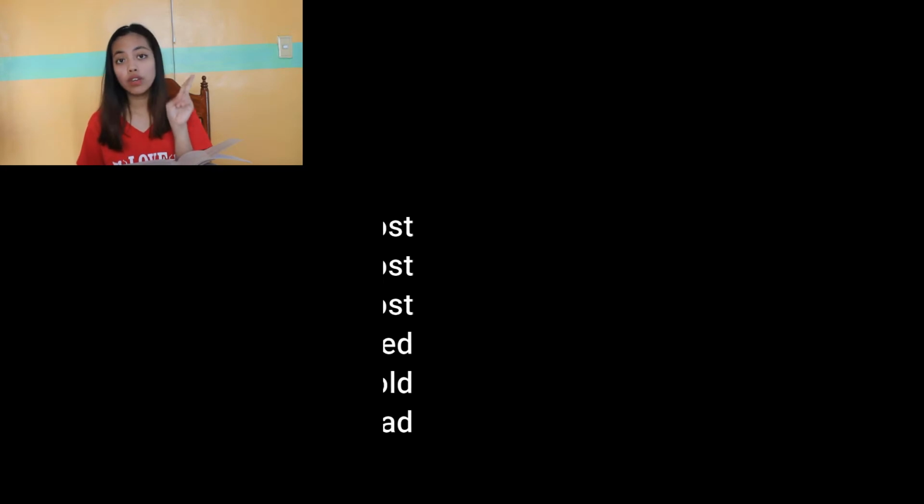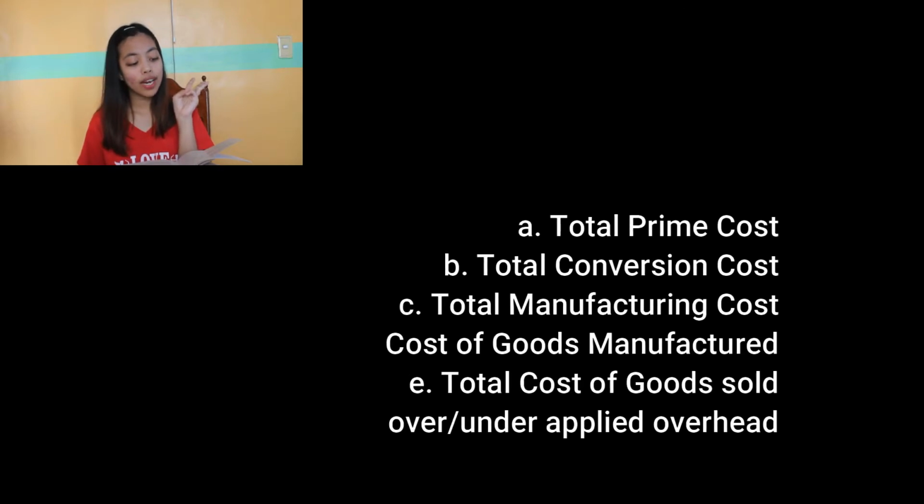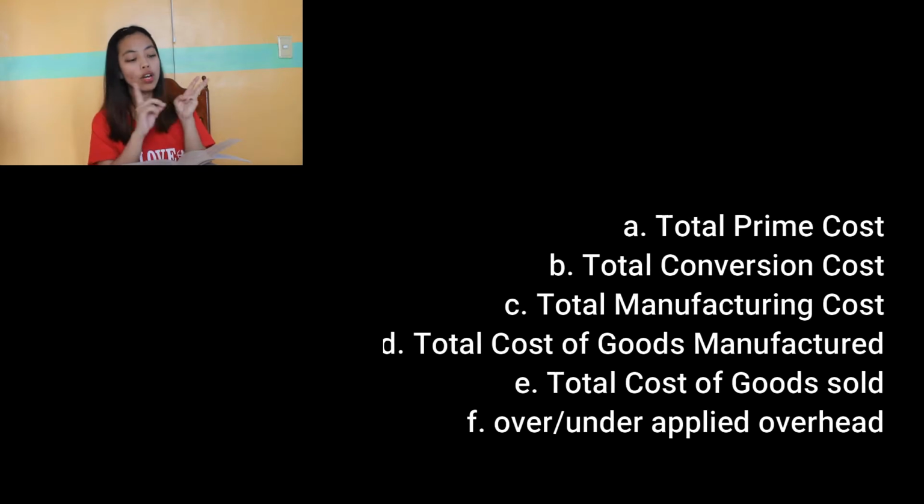Then, we have the following requirements. First is the total prime cost, which is the total of our direct labor and direct materials. Conversion cost is the total of direct labor and overhead cost. Total manufacturing cost is materials, labor, and overhead.